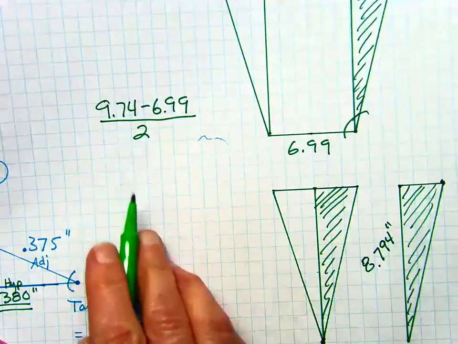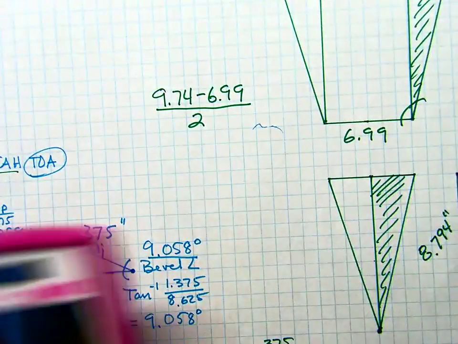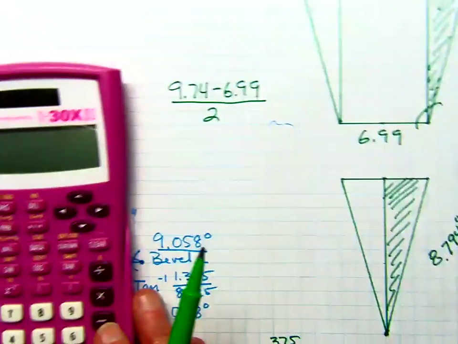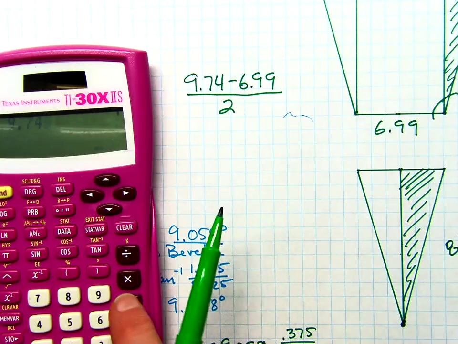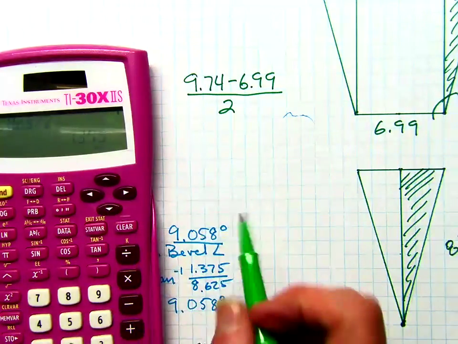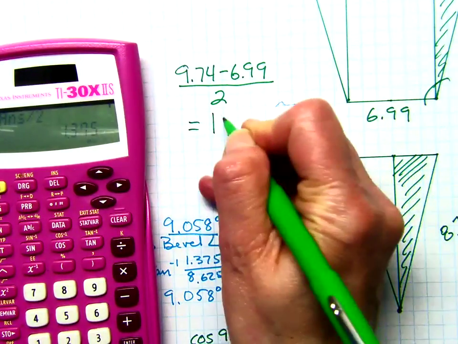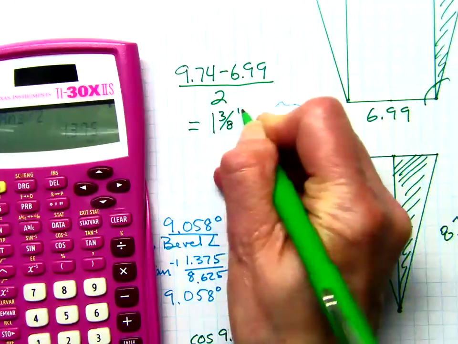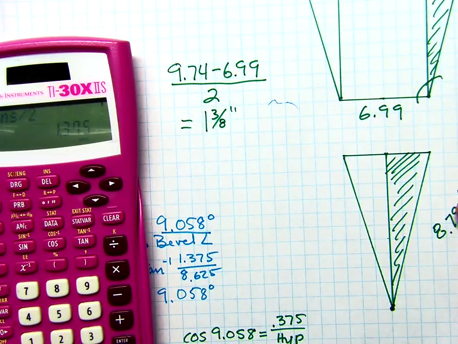Now, if you do this calculation, let me find my calculator. Make sure you divide by 2. You're going to get 1 3/8, or 1.375. I'll just leave it in decimal form.